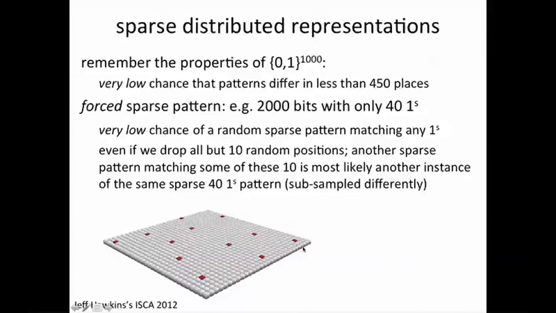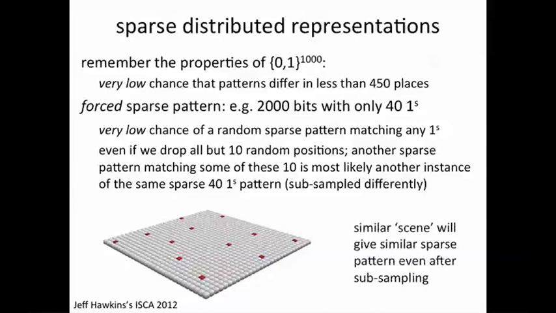Now, it's not clear why this is important right now, but it'll become clear in a few minutes. What happens is that if you view another similar scene, it'll give a very similar sparse pattern even after subsampling. So even after we get rid of 30 of the 40 ones, we'll still get a similar sparse pattern from two different instances of the same scene, or even similar scenes.